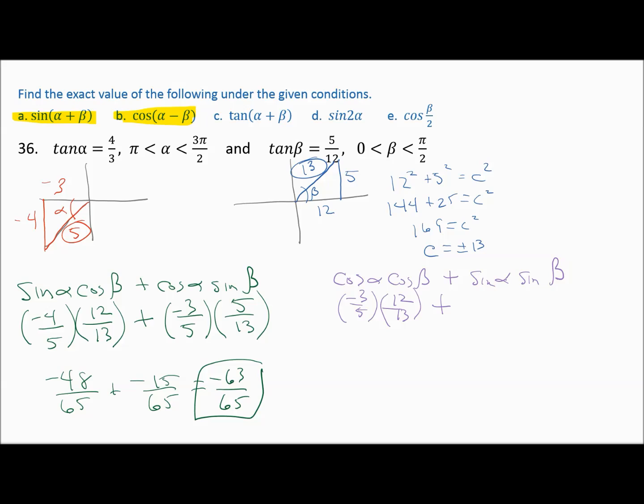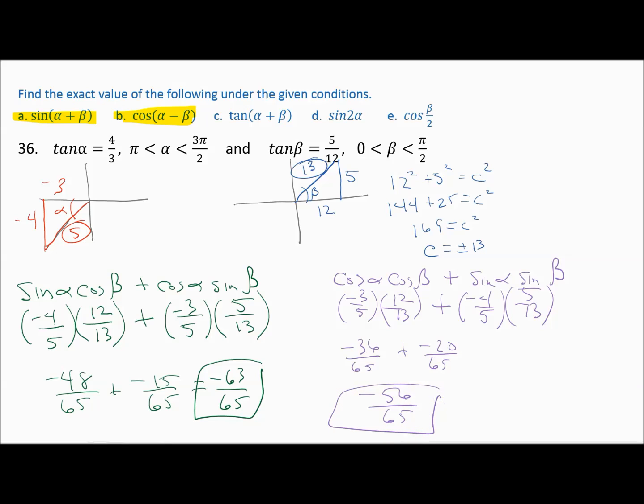So the sine of alpha is going to be opposite, which is -4, over hypotenuse, which is 5. Sine of beta, let's look at my beta picture. So opposite is 5 over 13. I multiply, that's -36 over 65 plus a -20 over 65, which is a -56 over 65, and I don't see that that reduces.